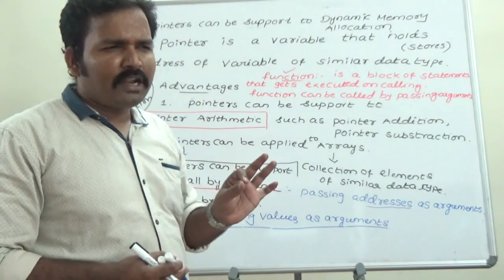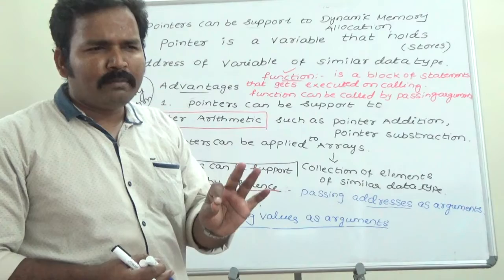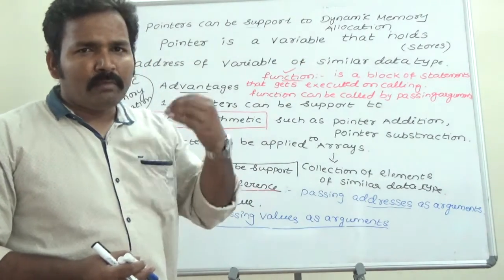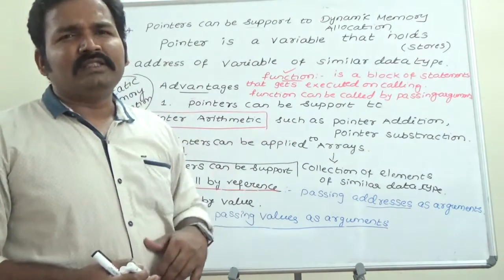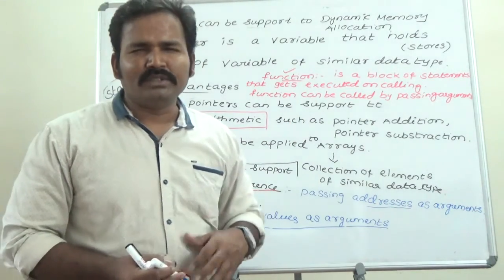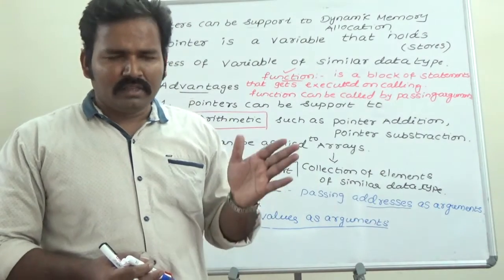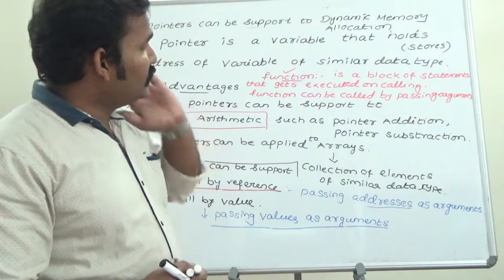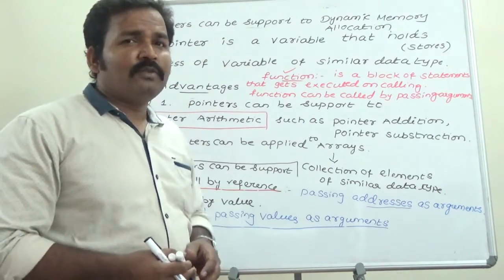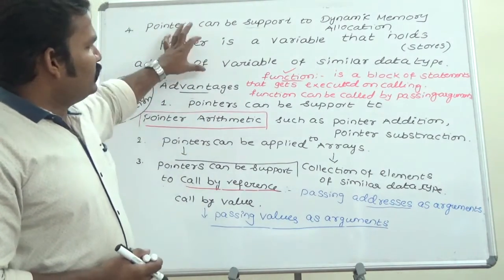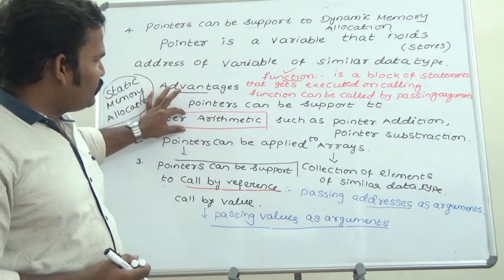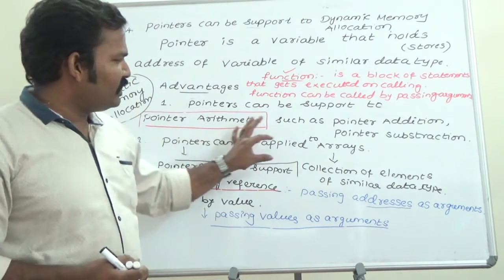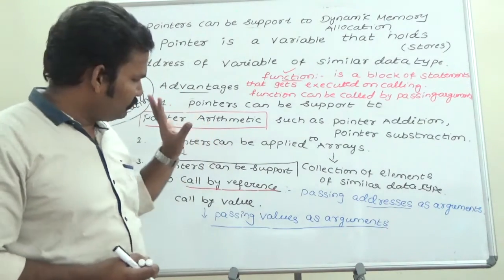So, clear? What is dynamic memory allocation? Allocating memory to variables at runtime. We can increase and decrease the memory by using functions like realloc, calloc, and malloc. These are the advantages of pointers. Pointers support pointer arithmetic. Pointers can be applied to arrays.